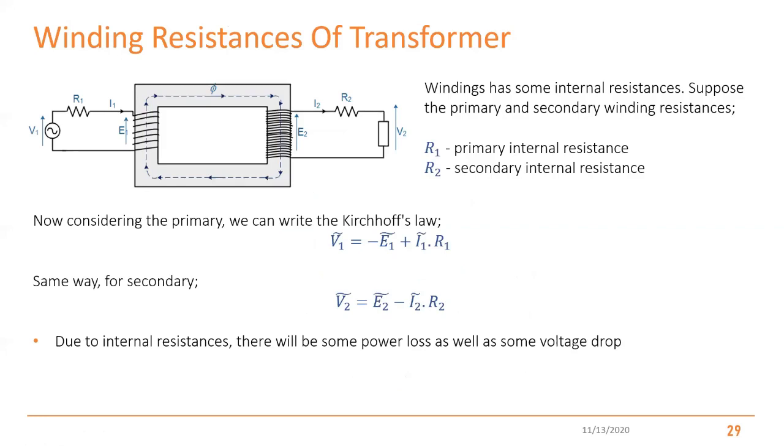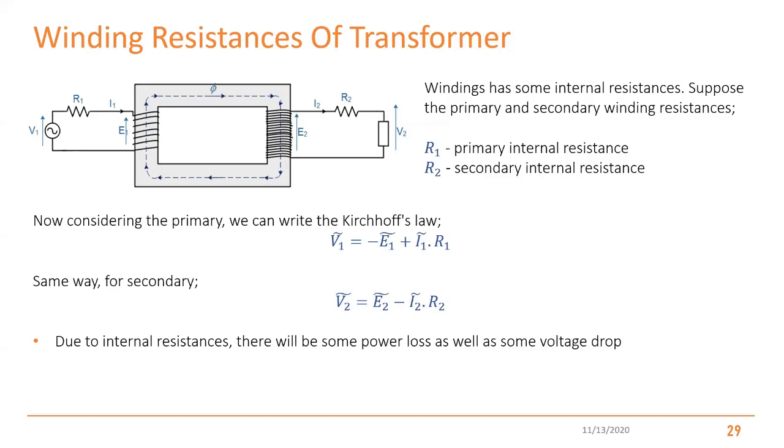It is incorrect because the winding has some significant resistance and it causes some significant power loss as well. Therefore, it is very important to include the internal resistance of the windings in our derived equations.